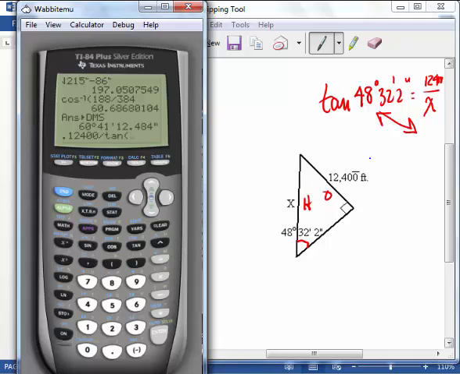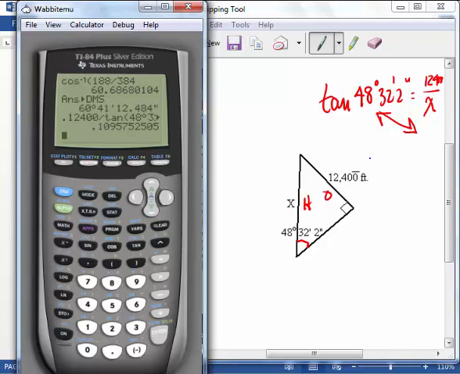tangent 48 degrees, 32 minutes, and 2 seconds is, oh, somehow I had 0.12,000, so I have to move this decimal point 5 places also.